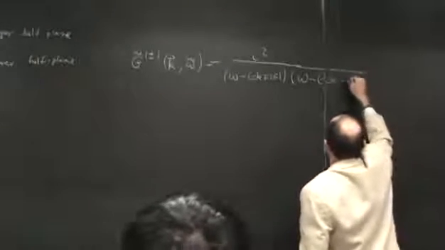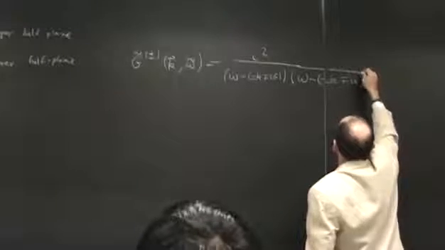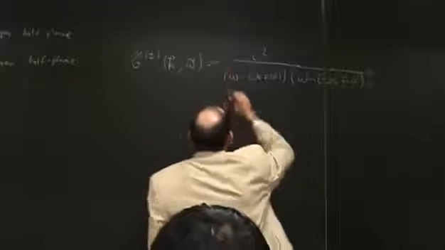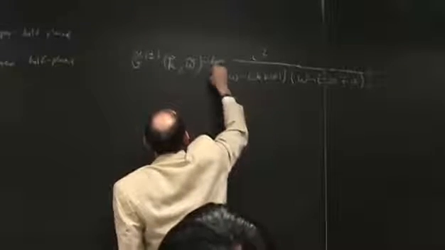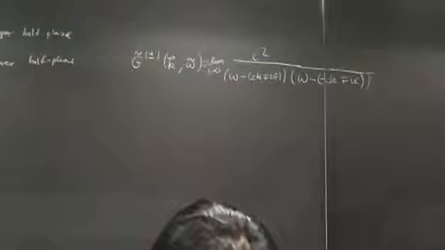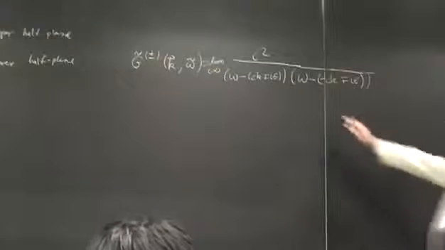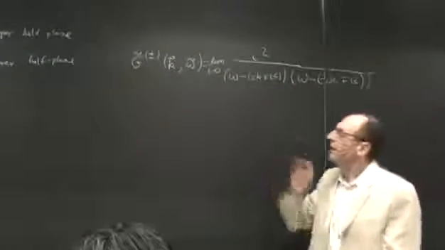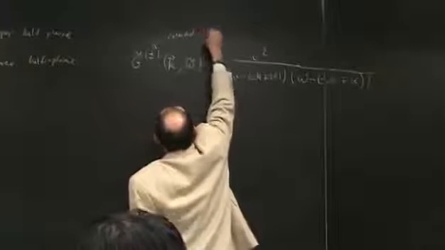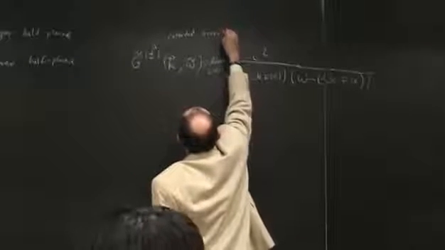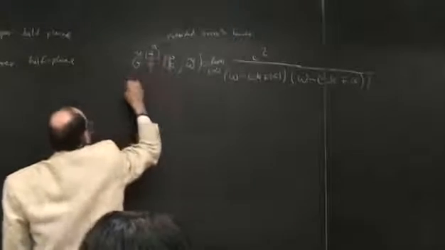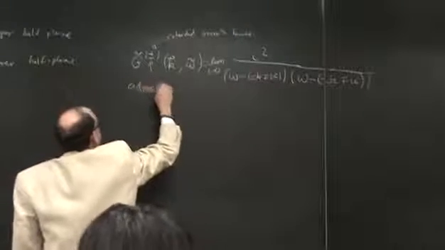So what I'm doing is moving the poles, giving them some imaginary part that I then take the limit as epsilon goes to 0. If I have a negative imaginary part of my pole, it's called the retarded Green's function, retardation. And with the other sign, it's called the advanced Green's function.